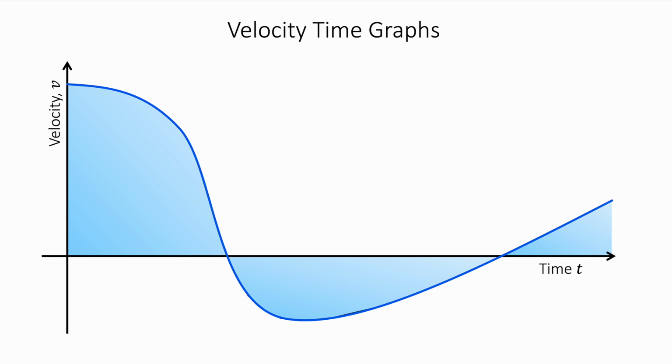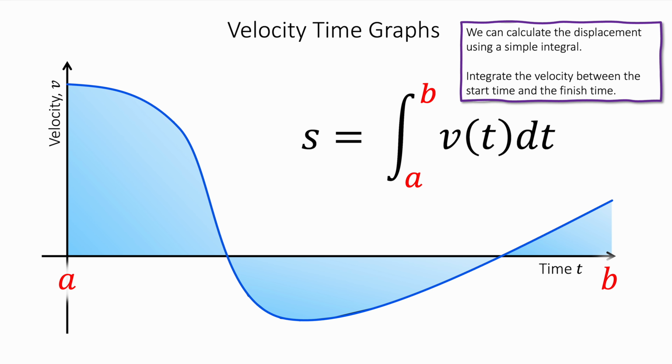Now, when we've got a velocity time graph, the area under the curve, this blue area, gives us the displacement, as in how far it's travelled. And there are 2 ways to think about this. Firstly, to work out the displacement of the particle at any time, you integrate the velocity between the start time and the end time.